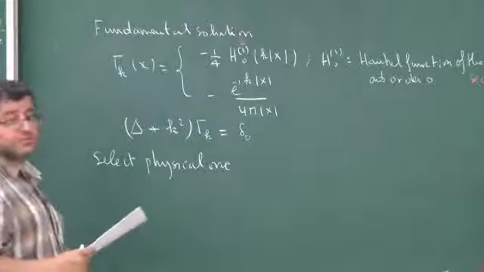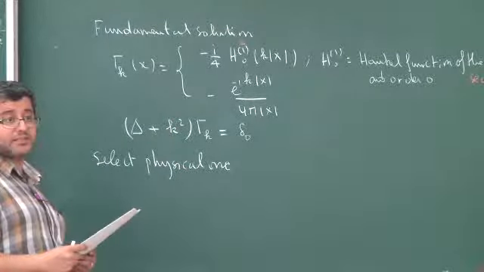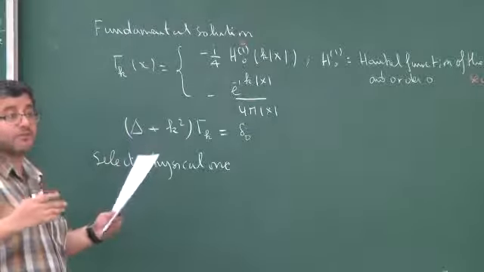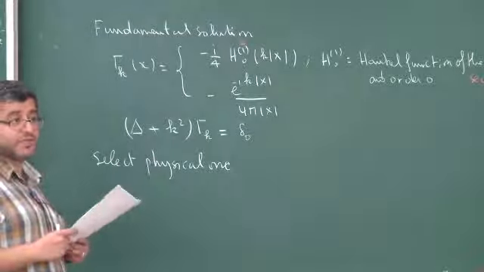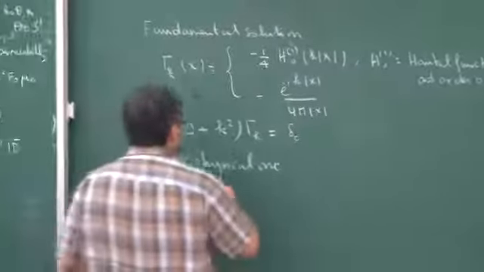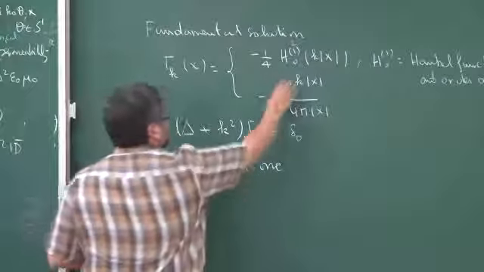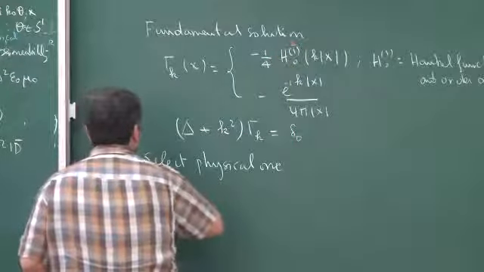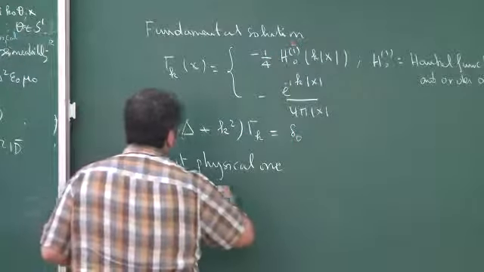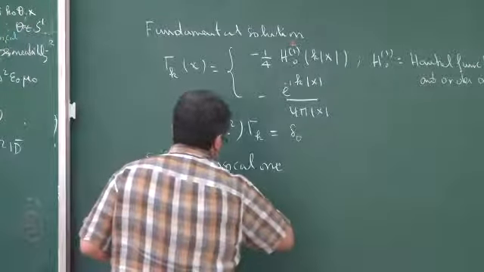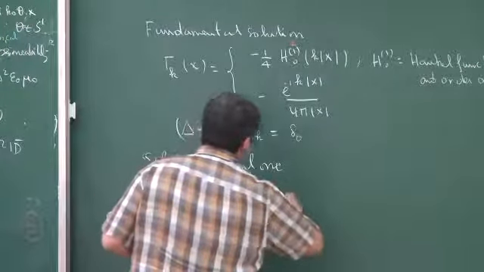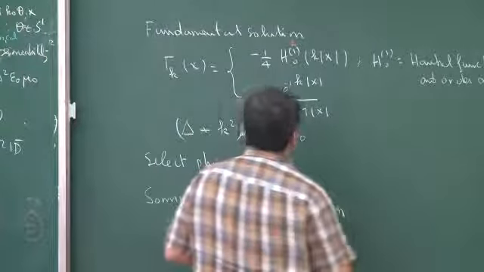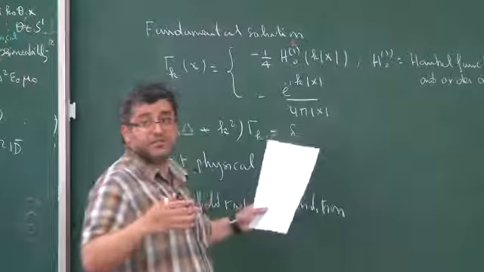And what's the physical one? The physical one is the one coming from infinity, and not going to infinity. So to select this sign or this 2, we add the Sommerfeld radiation condition. This condition is on the behavior of gamma at infinity.